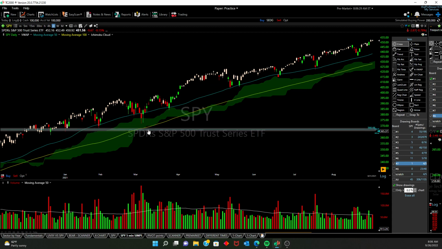What I'm looking for is flat lines. Remember what the cloud is comprised of: a whole bunch of moving averages that take all this information and project a price into the future, depending on the chart. Right now I'm on a day chart.